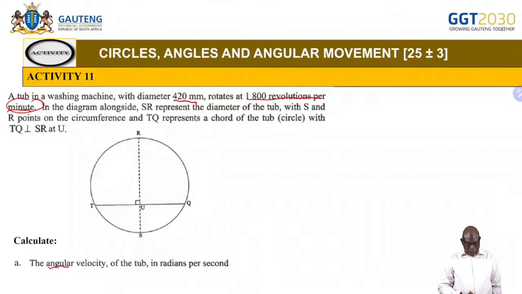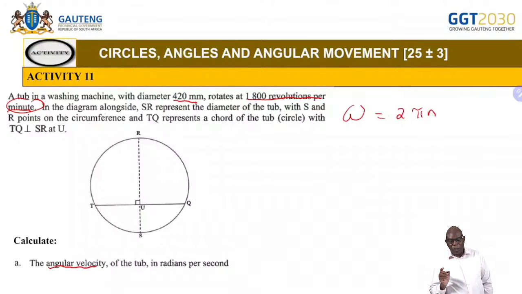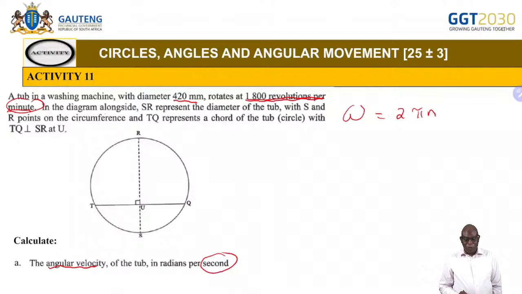The angular velocity. Remember, angular velocity is omega, which is 2 pi n. But one thing that I need to do: there I'm given 1,800 revolutions per minute, but here they want it per second. Can you see where we make mistakes? So it means that my 1,800 must be divided by 60, and that will give us 30.